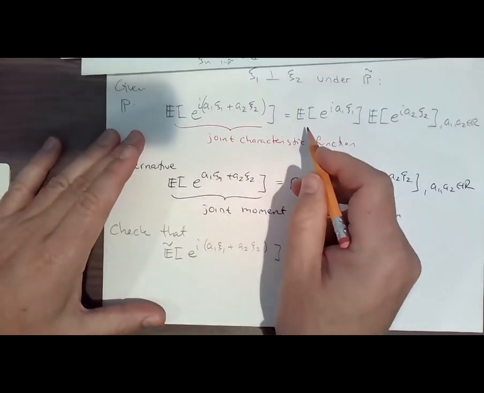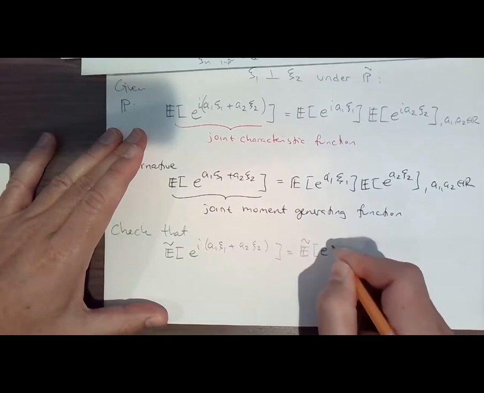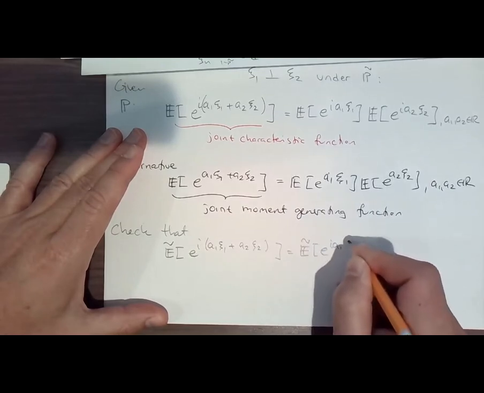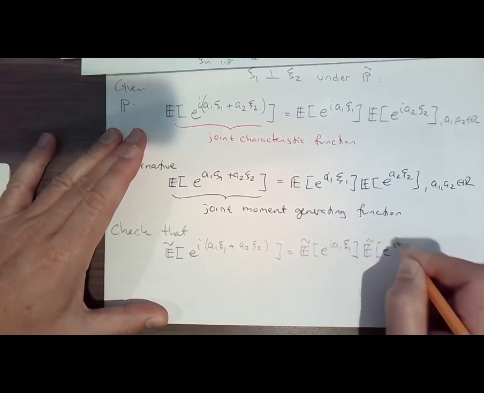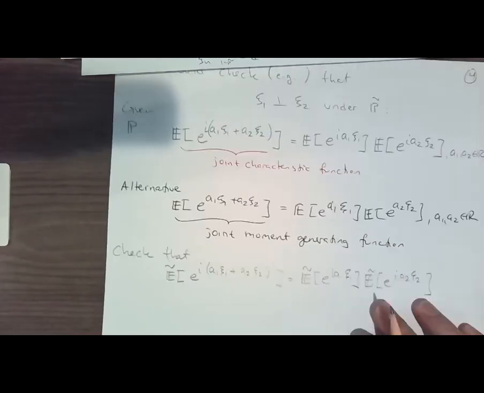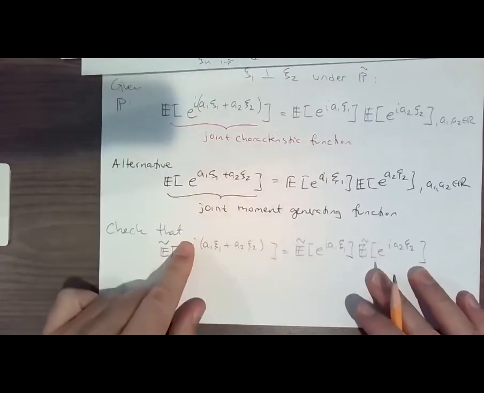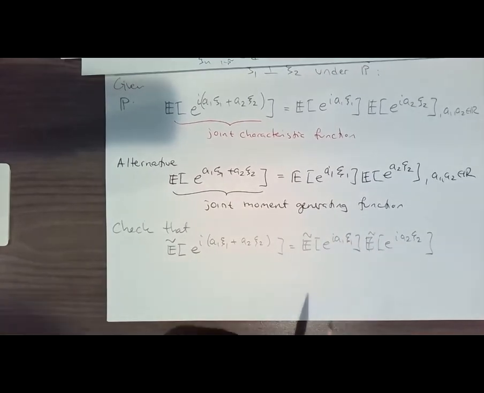Everywhere instead of E's, I'll put E tilde. We're given that it works for P, but we're using the property on the P tilde, so I need to have this property.